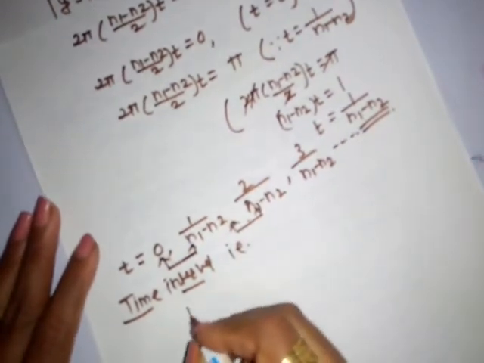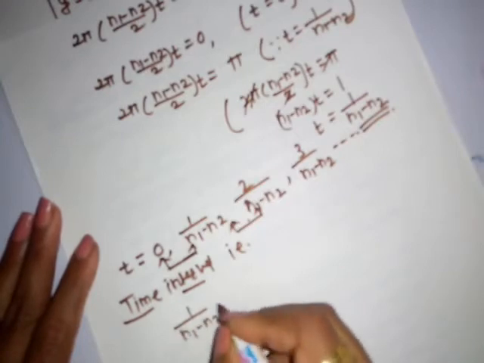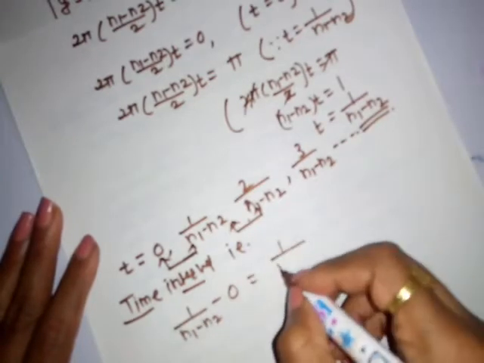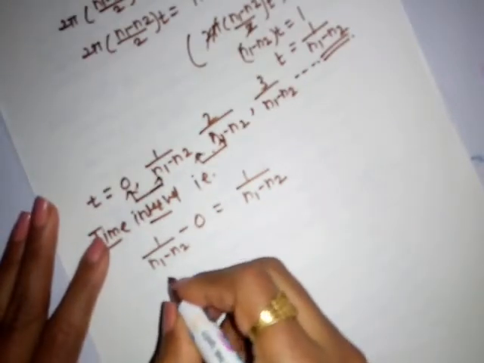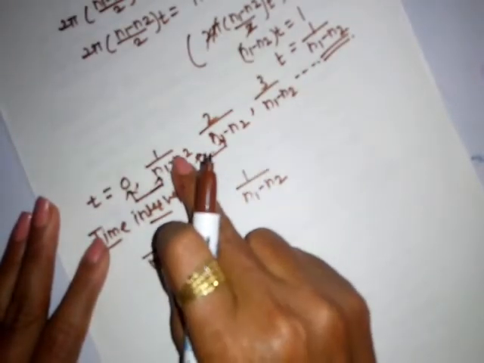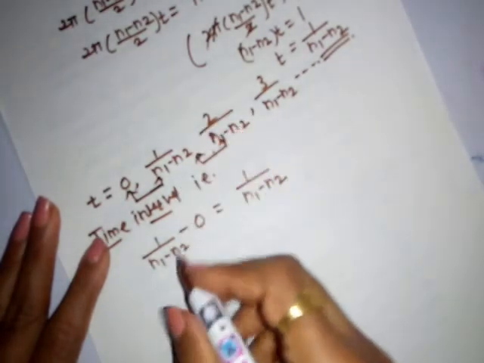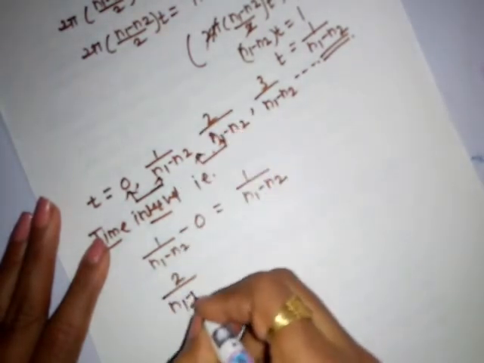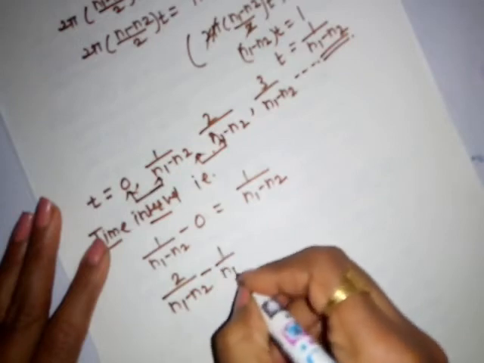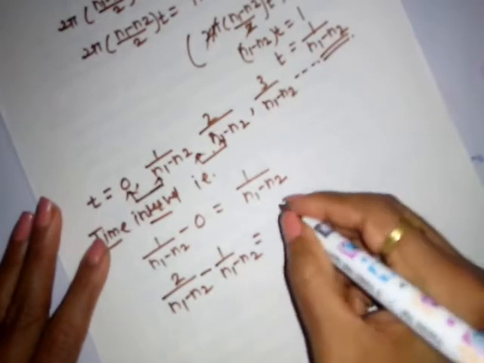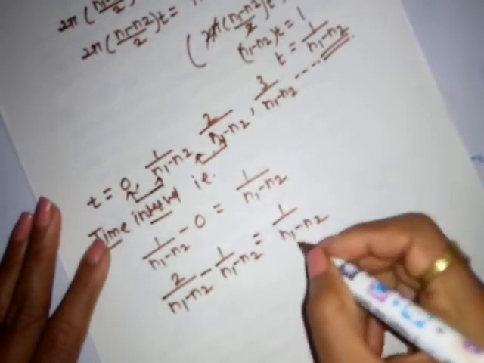Then for the first time interval, 1 upon n1 minus n2 minus 0, we get 1 upon n1 minus n2. As we subtract the second value from the third one, that is 2 upon n1 minus n2 minus 1 upon n1 minus n2 is equal to 1 upon n1 minus n2 in this way.